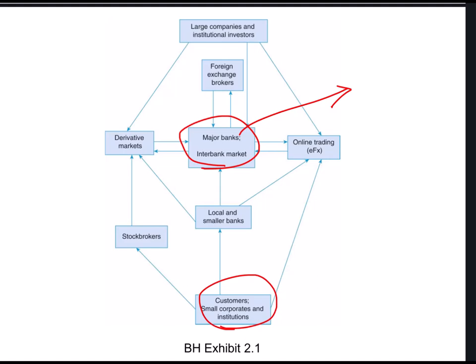If you want to exchange foreign currency for your own currency or vice versa, you could go to local dealers or smaller banks, or nowadays you can do that online. We'll talk more about this one later. So just notice now there is a big major market between banks here, and as a customer you're going to use one of these routes to exchange foreign currency into your own currency or vice versa.